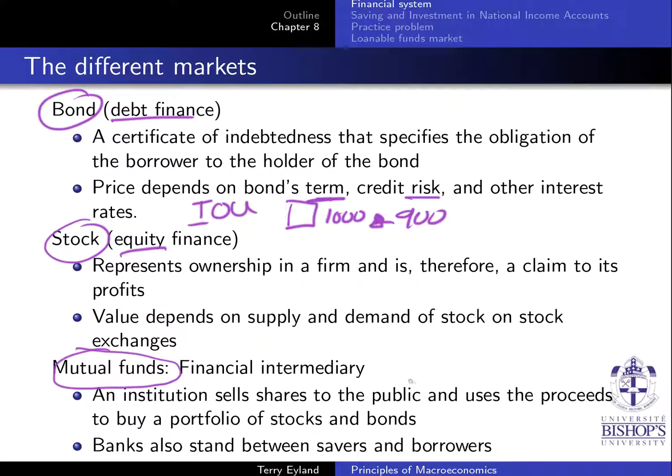Therefore, diversification and other things like that are not as big of an issue. Banks also stand between savers and borrowers, because banks can lend money to certain companies, and when you give money to the bank, you get a very minimal interest in return.